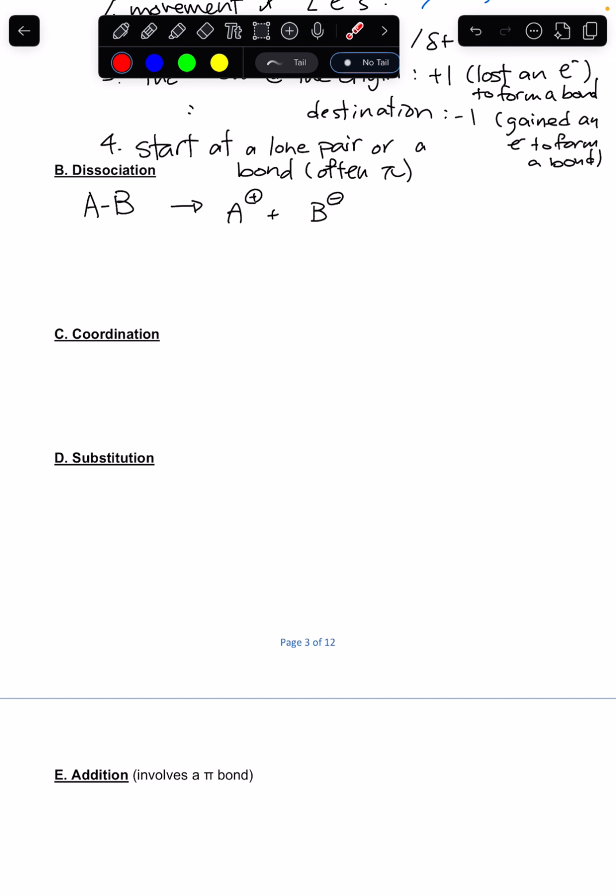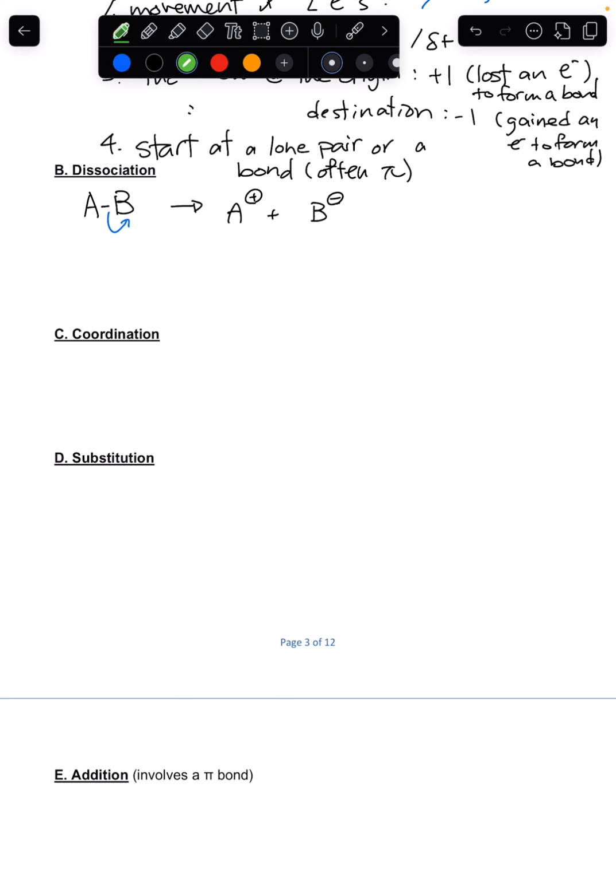Can you guess which way those electrons moved to make this reaction happen? They must have moved to atom B, because atom B gained a negative charge by gaining electrons. A lost electrons. Hopefully that makes sense to you.